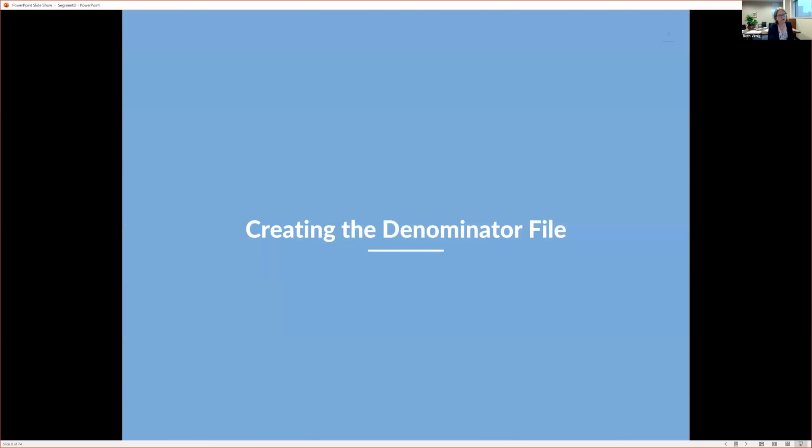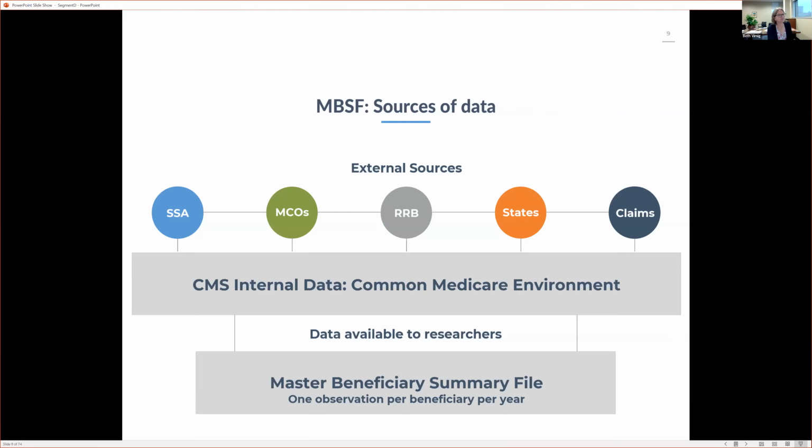To create the denominator file, or the Master Benny summary file, CMS combines data from a variety of sources into what is now called the common Medicare environment. This is a massive database. They take information they get from Social Security, including Social Security eligibility, payments, and so on.